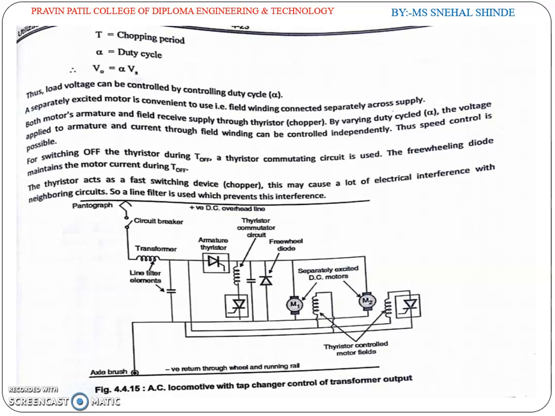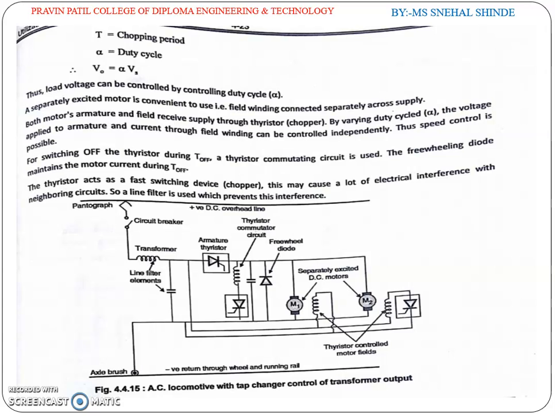A separately excited motor is convenient to use, that is, the field winding is connected separately across the supply. Both the armature and field windings receive supply through the thyristor chopper. By varying the duty cycle alpha, the voltage applied to the armature and the current through the field winding can be controlled independently.